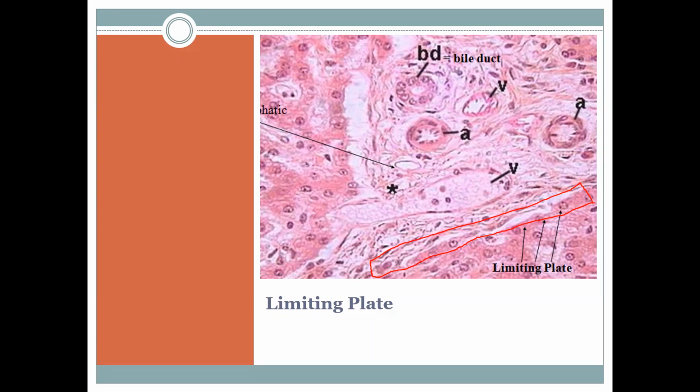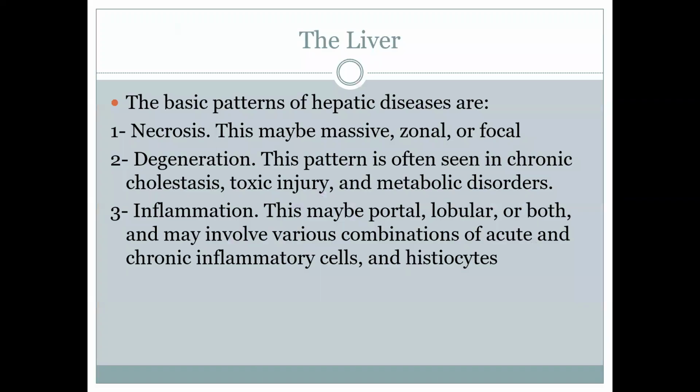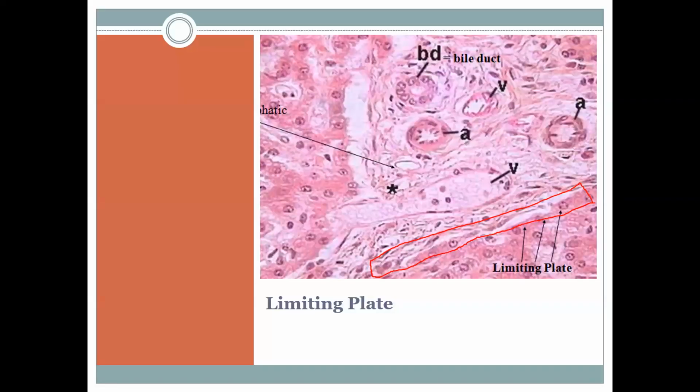Now, what's going to happen is that there is always a question: do you really have a true inflammation of the liver, or is it the transient inflammatory infiltrate that is present in the portal triad that you're seeing in the microscope? Now, if these cells cross the limiting plate into the hepatic lobule, then that becomes what you call a true hepatitis, a true inflammation of the liver.